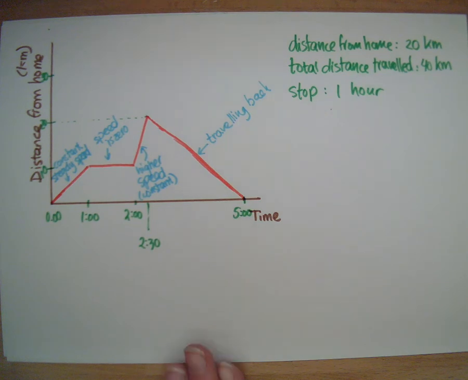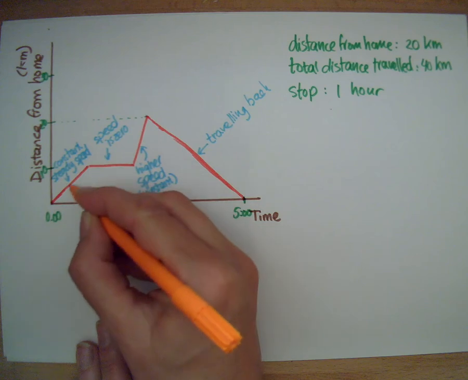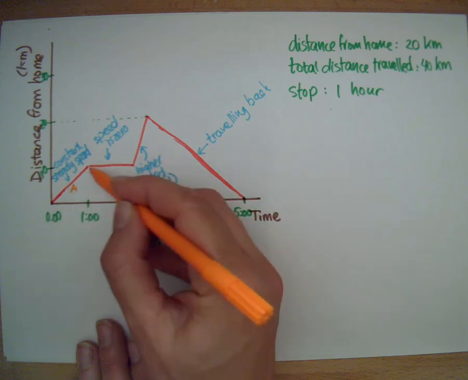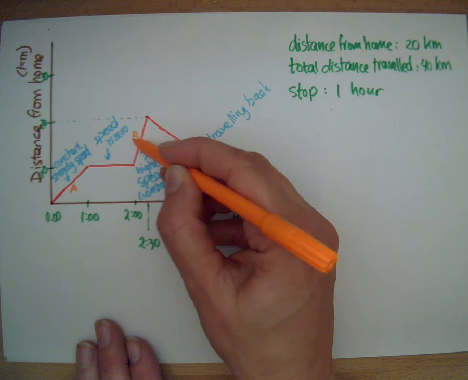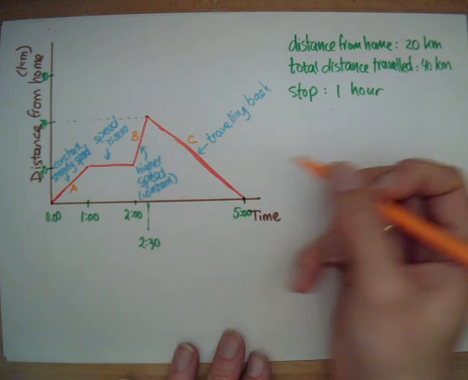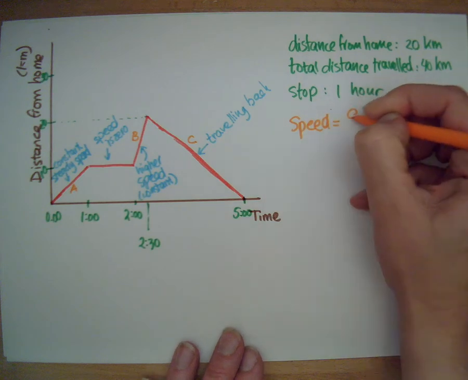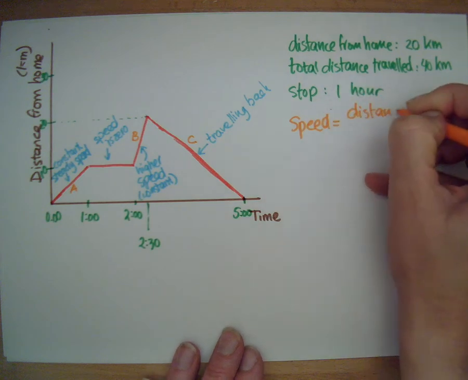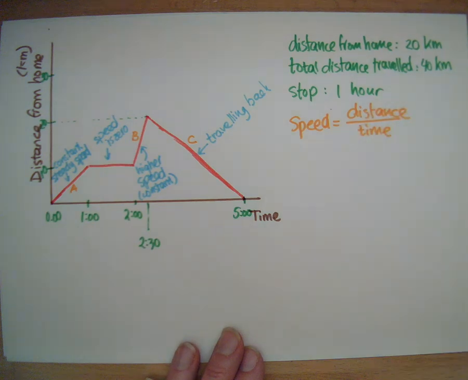Now let's see if we can find out the speeds on these different stretches. So this first stretch, let's call it A. This we already know the speed was 0. So let's call this one B and this one C. Remember, speed is distance traveled divided by the total time taken.